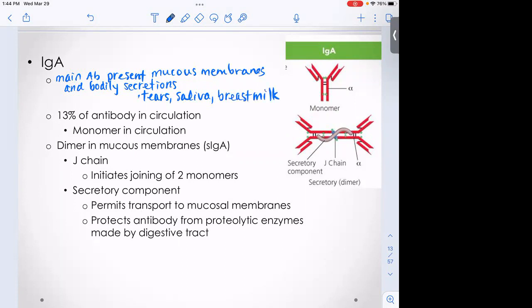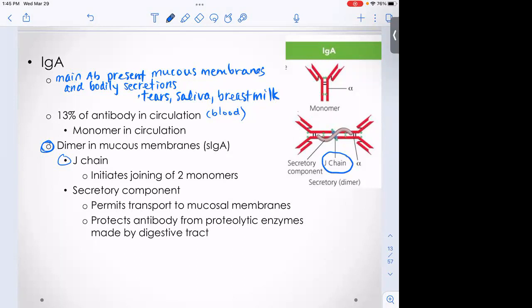It's actually a pretty low amount of antibody in the blood itself, but it is the most prevalent antibody on our mucous membranes. I believe it's a monomer in the bloodstream, but when it's secreted onto those mucous membranes, again, we get a J chain, which is over here, that joins those two monomers to make a dimer.